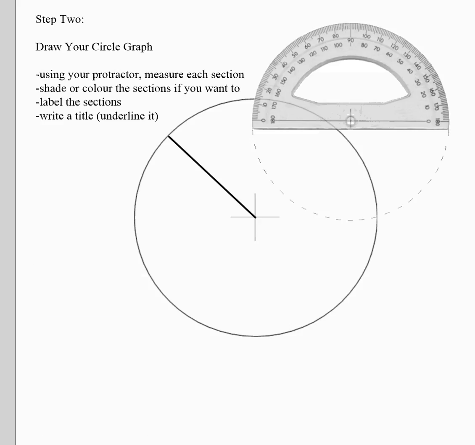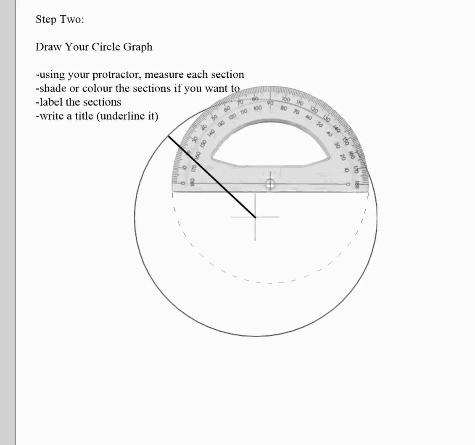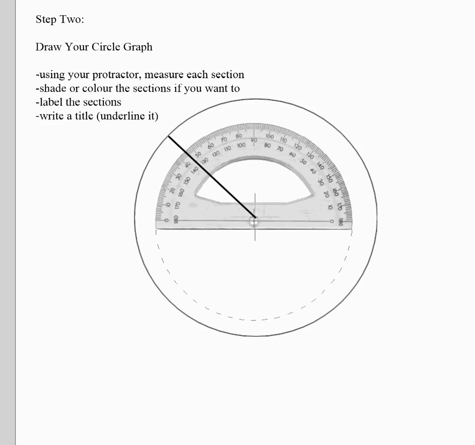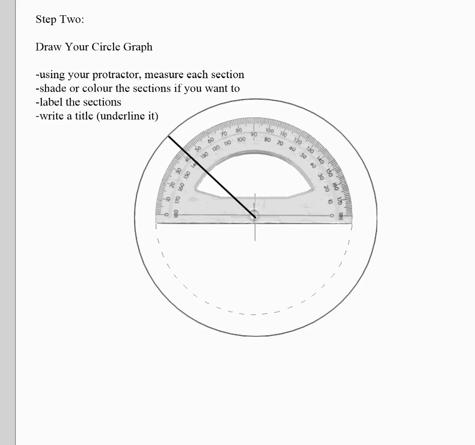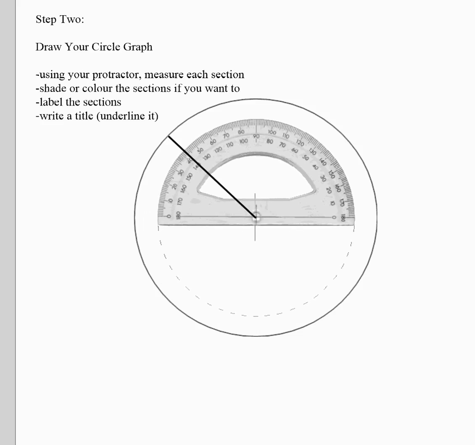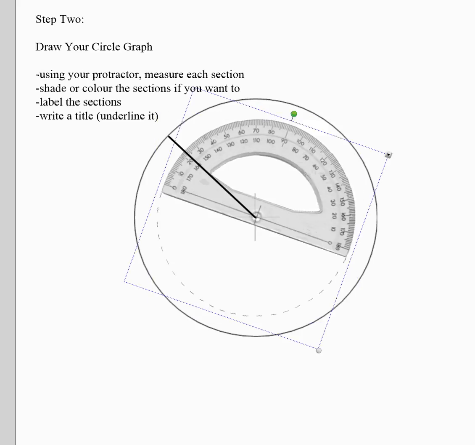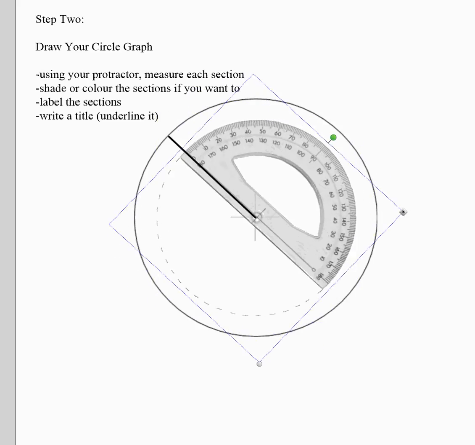So when we line it up, we're going to line it up center notch with center notch, just like that. But you'll notice I need to actually line up with the black line that I drew. So I need to rotate my protractor so that my black line is matched up.